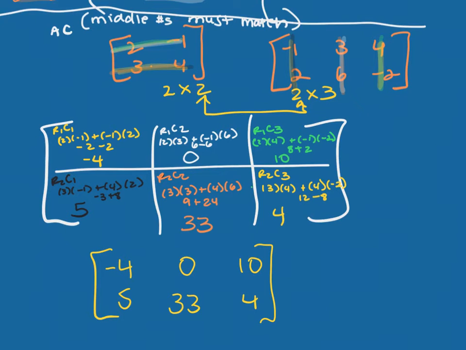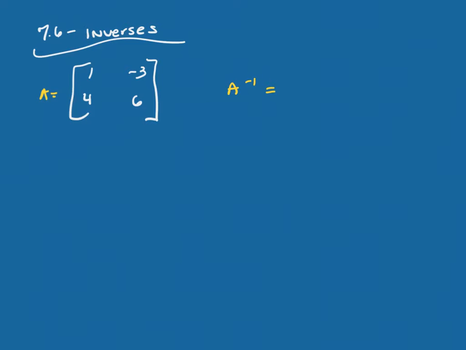Questions? Adding, subtracting, scalar, or multiplying. Okay, then came 7, 6, which was inverses. So the long way around was to change this so that it was 1, 0, 0, 1. And then we talked about the shortcut for these.